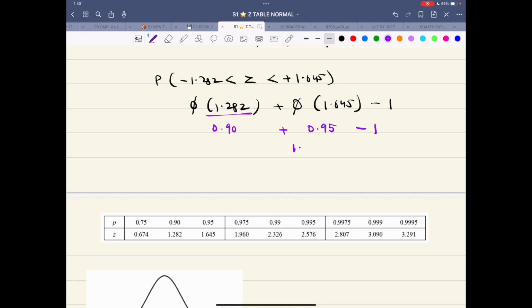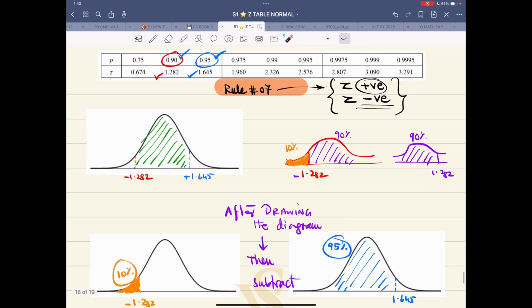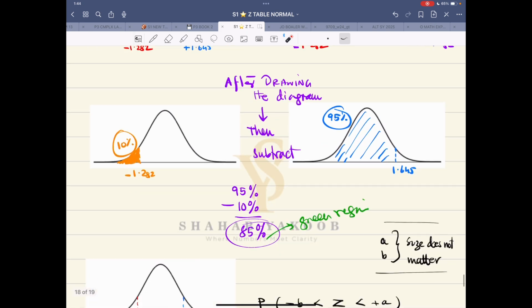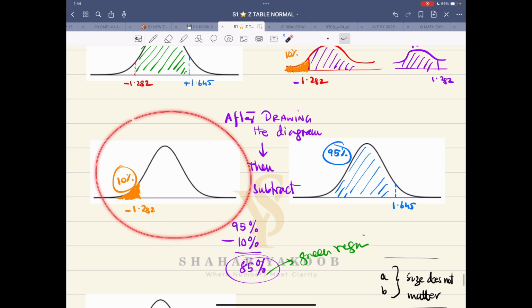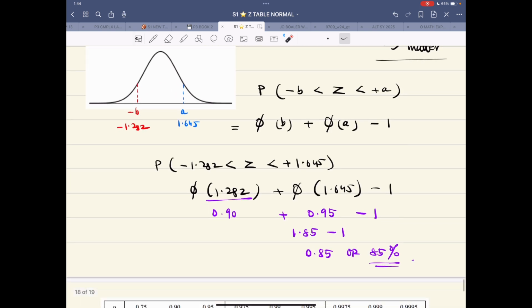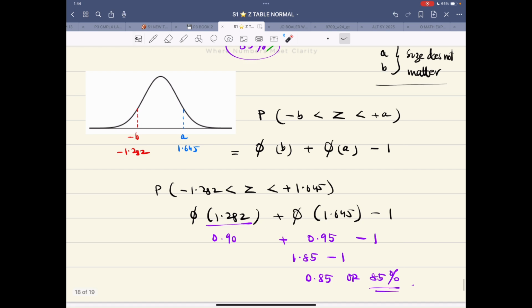This comes out to be 1.85 minus 1, which comes out to be 0.85 or 85%. So the area under the graph between these two values is 85%. Now it's your choice whether you want to draw a graph and then work it out, or just go ahead, have an easy life, use the formula and get the answer.